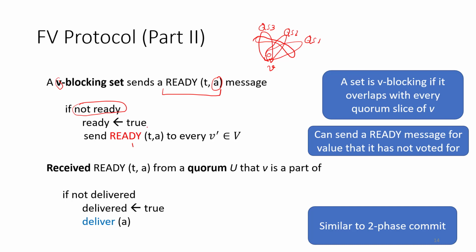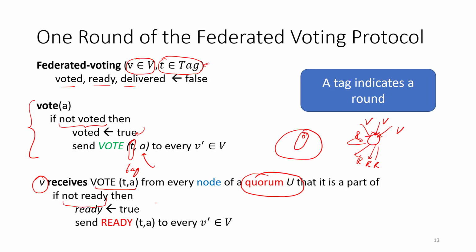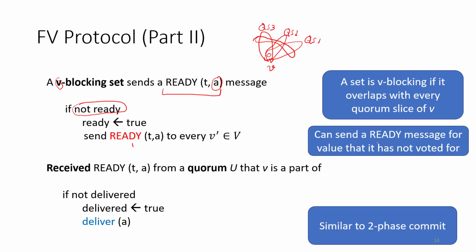So what you see over here is that a ready message can be propagated. Of course, the first node to send a ready message has to receive votes from a quorum. That is given. But after that, a ready message can be propagated if a V blocking set has sent the same ready message to a node V. In this case, it can be different from its voted value, but it will still propagate it.